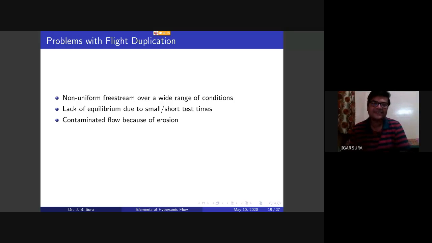Now this is the thing which again is not in our control, it comes from nature. It is contamination of the flow because of erosion. For supersonic flow, you need a CD nozzle, convergent divergent nozzle, and you understand that with high velocity comes high friction. That high friction can eventually rub the metal surfaces of the nozzle.